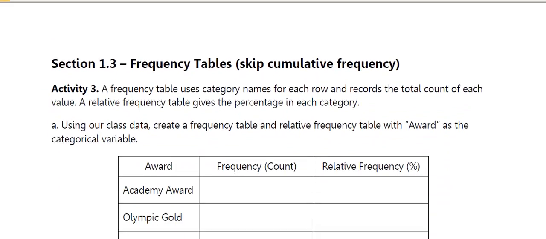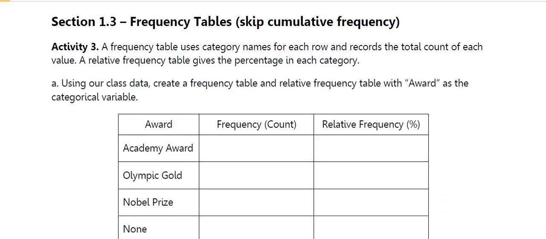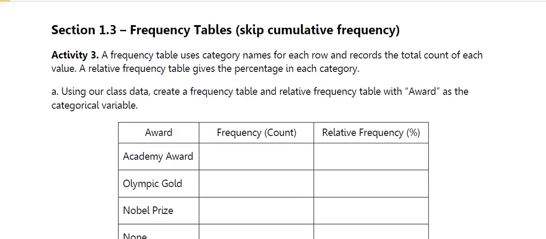Okay. Now we're going to look at one of these variables from our class. Section 1.3 talks about frequency tables, and for our class we're going to skip cumulative frequency, so you don't need to worry about that in the book or in the homework questions. Just do either frequency or relative frequency. Okay, so a frequency table, we're going to start to analyze our categorical data now.